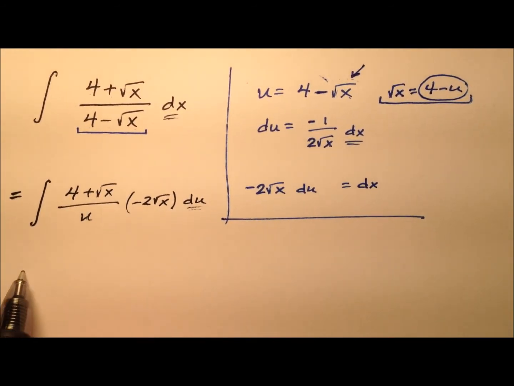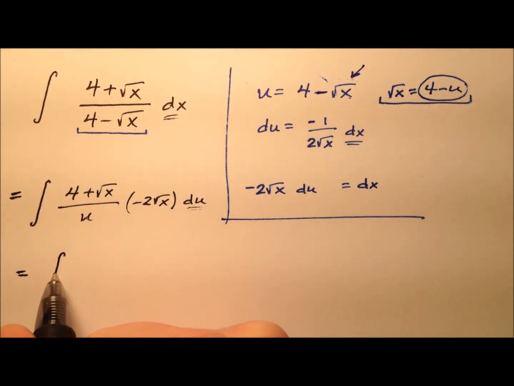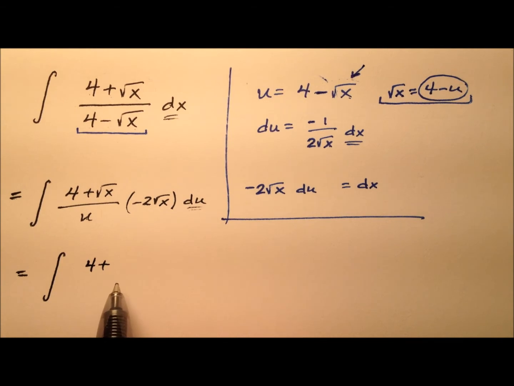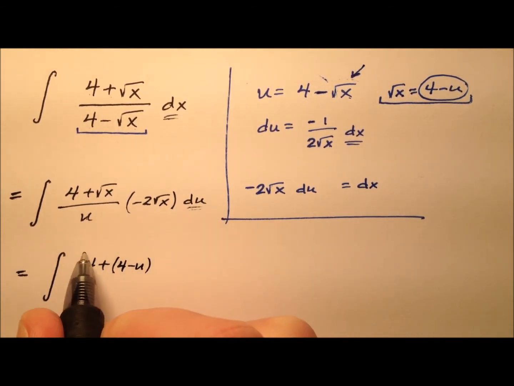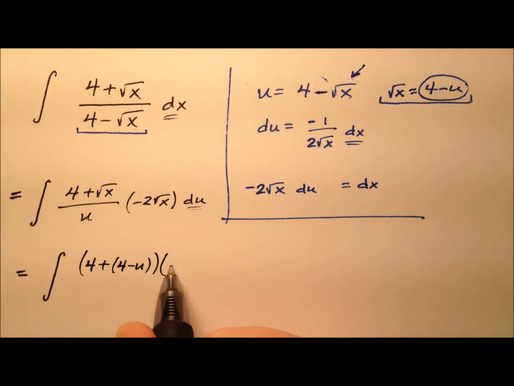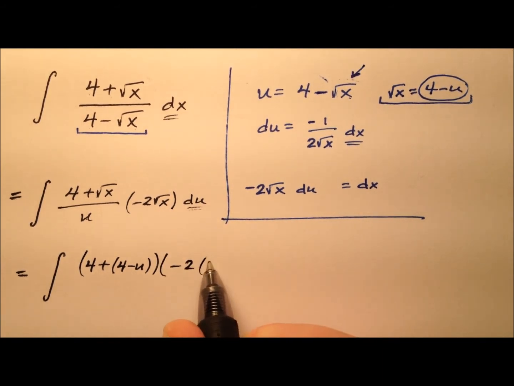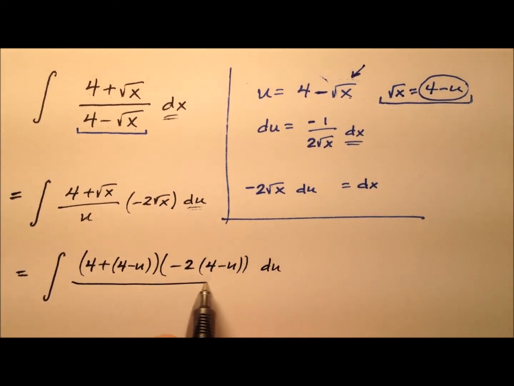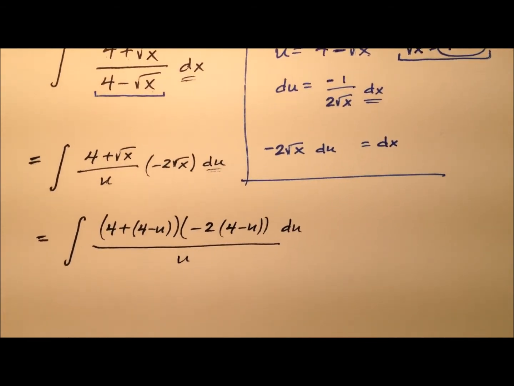So let's rewrite this now. So we have the integral of 4 plus, and then the square root of x was 4 minus u. And we're going to multiply that by negative 2 times that 4 minus u du, all over u.